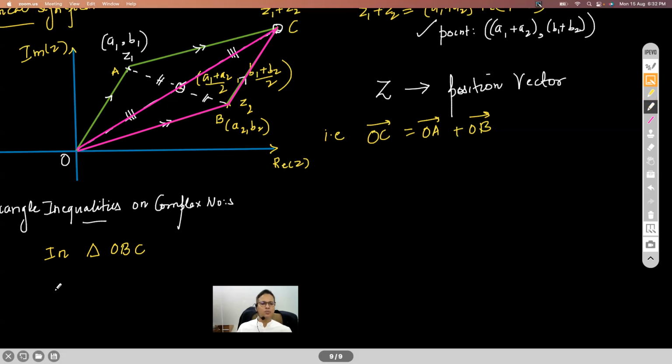tell me in terms of modulus, what is OB? What is the OB length? This length, how do you write this in terms of modulus?